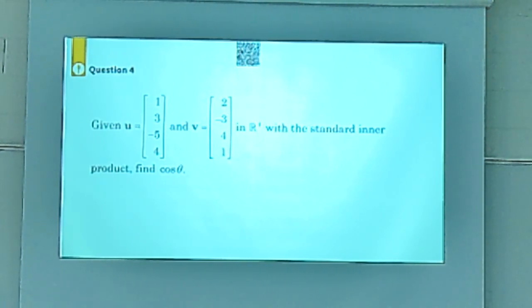So remember that means cosine of theta is u dot v over norm of u times norm of v. u dot v, 2 minus 9 minus 20 plus 4, right?